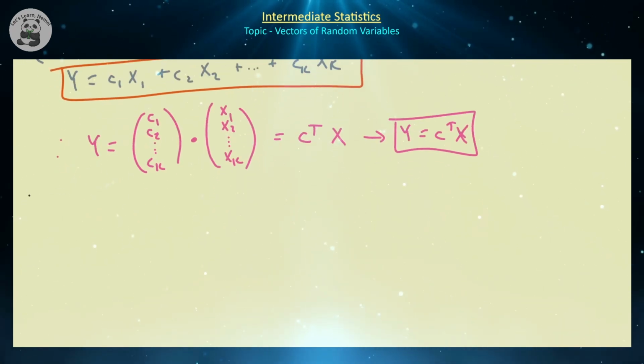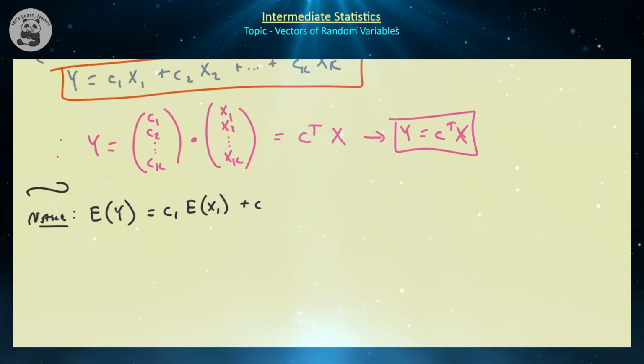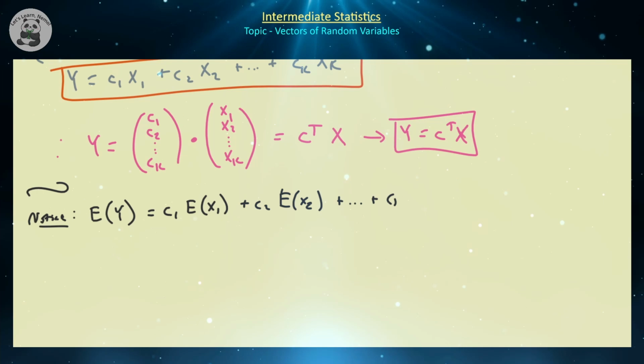All right, now notice a couple of things that are actually quite neat. Let's take the expected value of y. If we look at this in expanded form, it's quite easy because it's just c1 times E[x1] plus c2 E[x2] all the way down to ck E[xk].